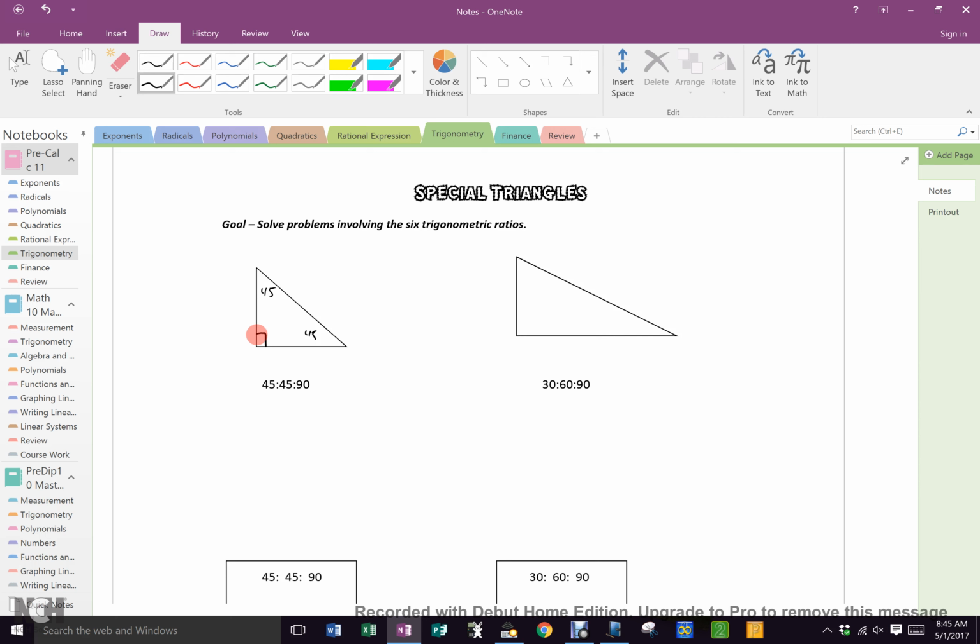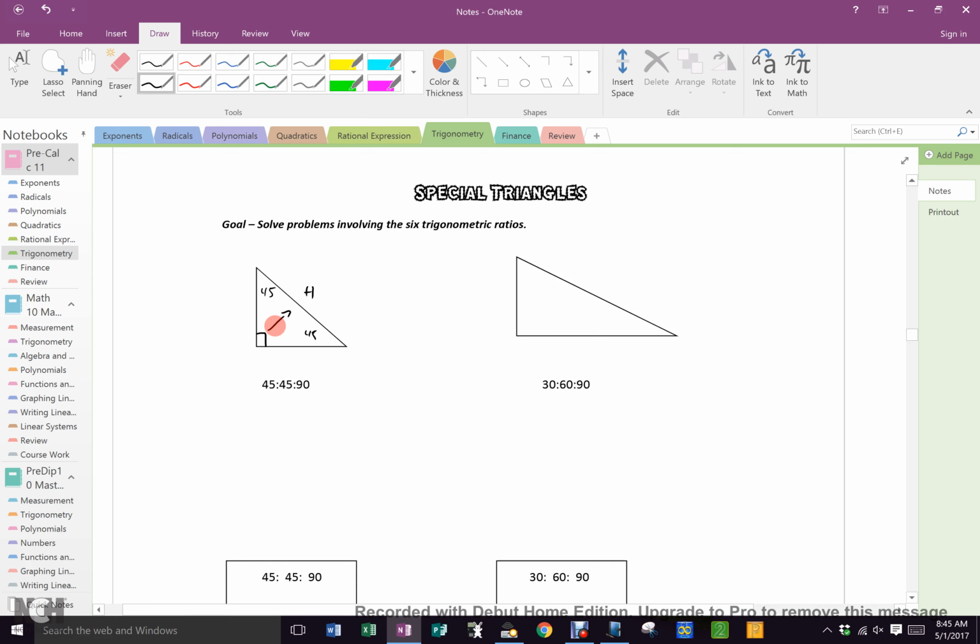It's the longest side. You got your ruler out? It's the side opposite from the right angle. Thank you. That's the hypotenuse. So what do I know about these two sides? They're the same.